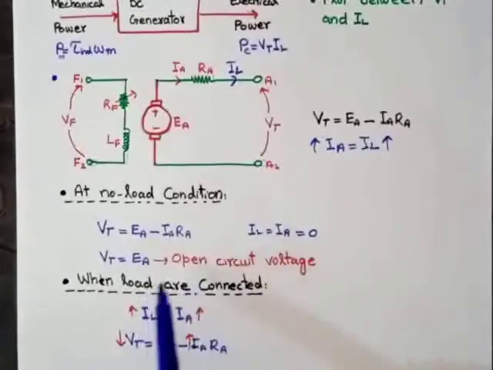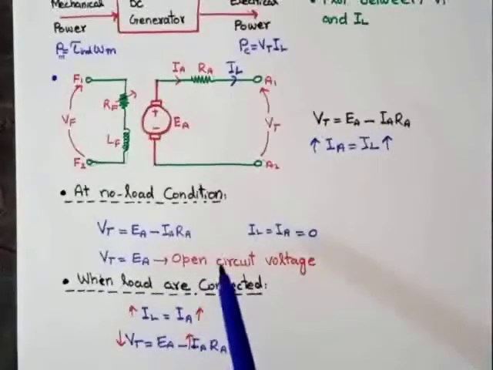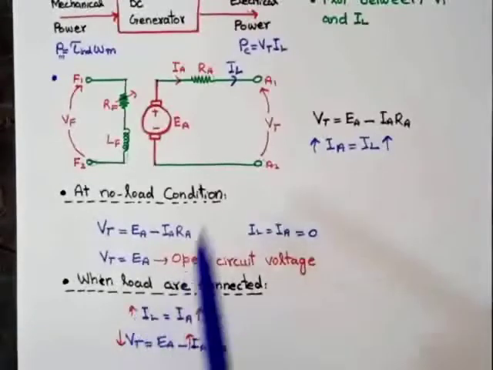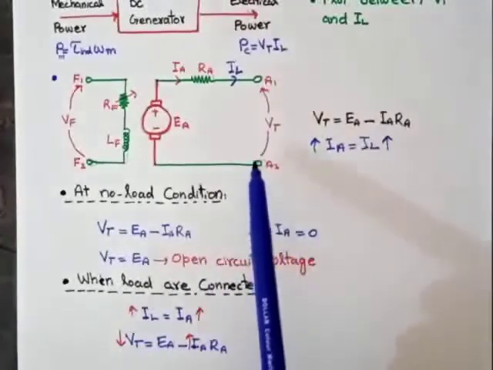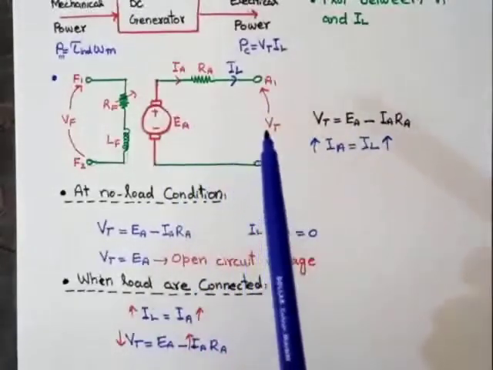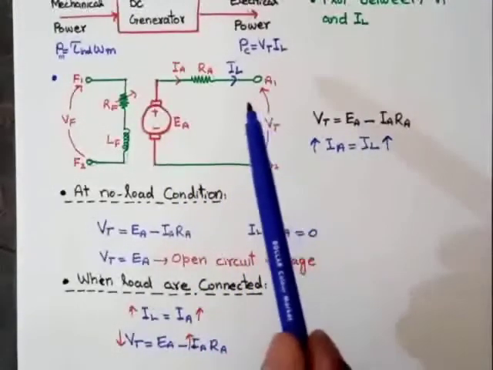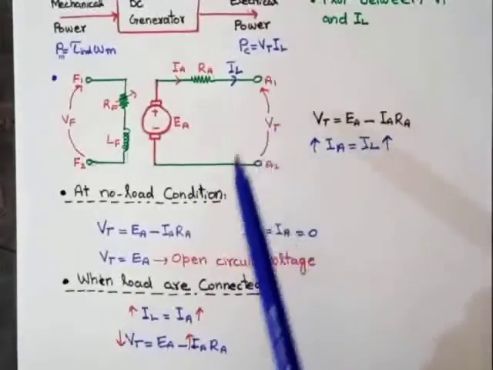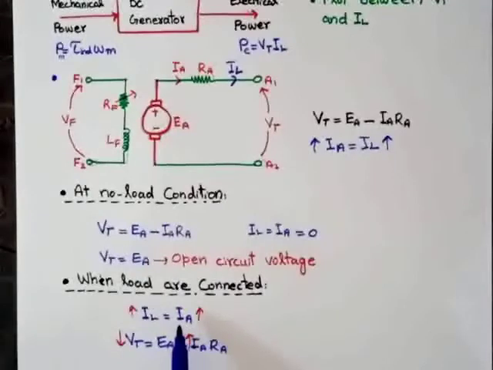And when we connect the load, then the line current will increase, because when the circuit will complete, then the current will start to flow in the circuit. When we will increase the load, then the current will increase as well. If the current will increase, then as we know, Vt is equal to Ea minus Ia into Ra.